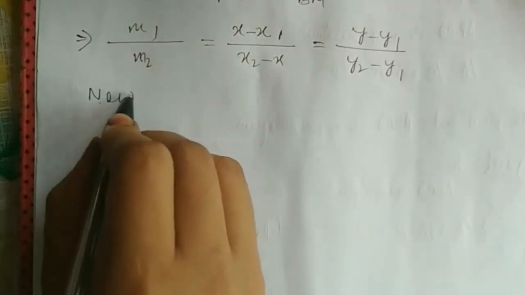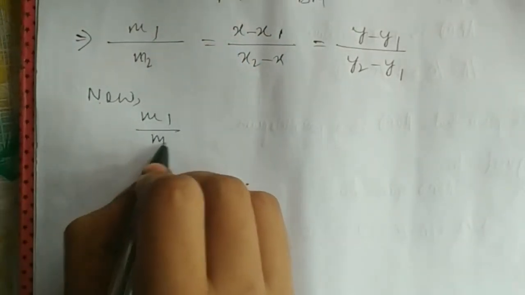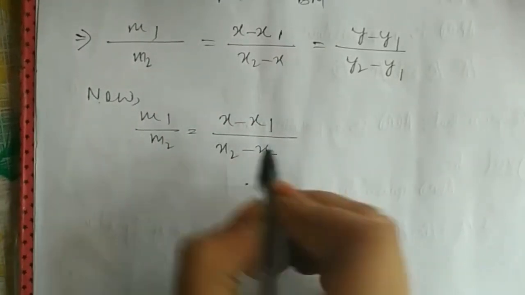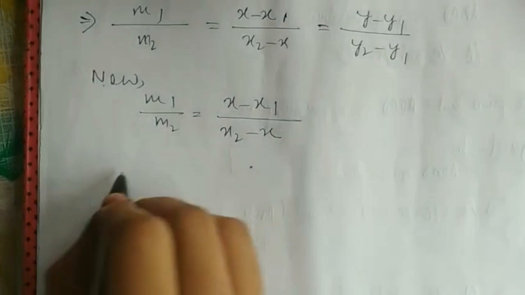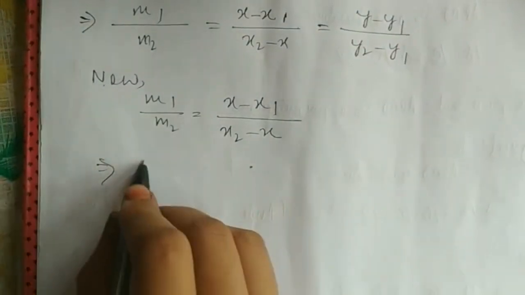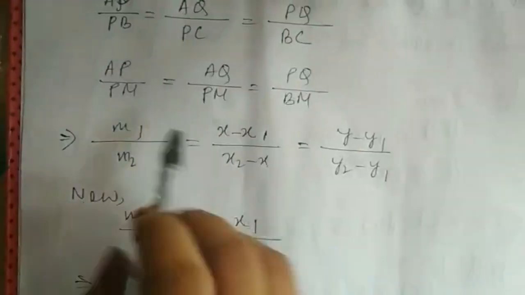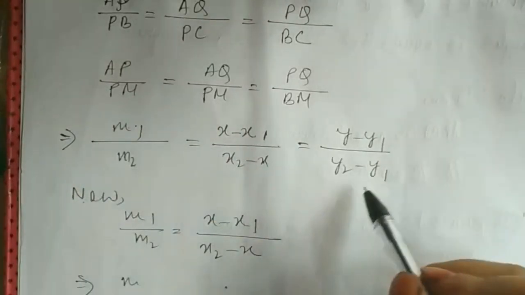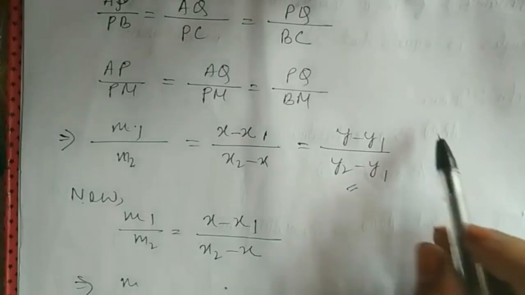Now M1 by M2 equals X minus X1 by X2 minus X. Cross multiply this one.